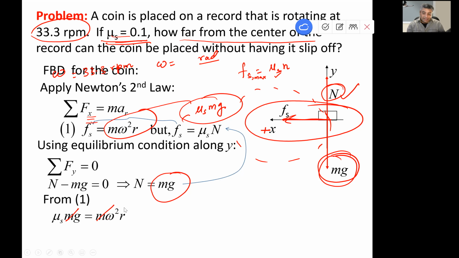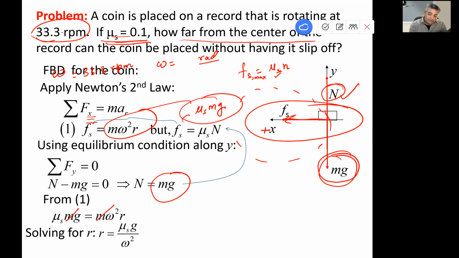Now we are looking for r, so let's solve for r. So r is just mu s times g over omega squared. So this problem is solved, but there is one little problem inside this big problem.